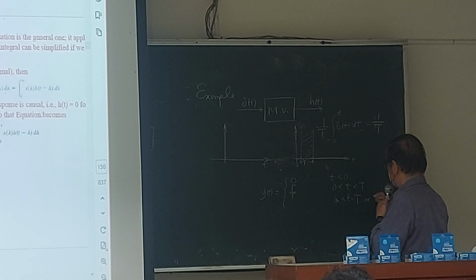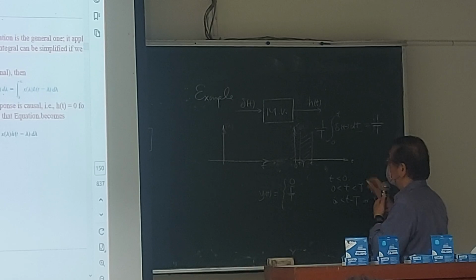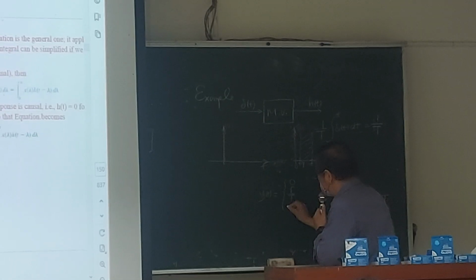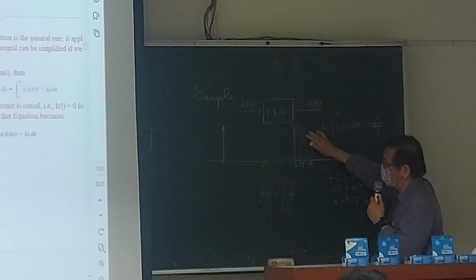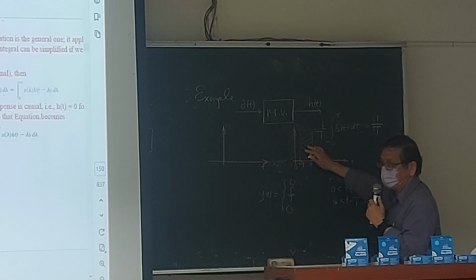Then the delta function is not inside the window, then the average is 0, because there is nothing here, no delta function inside the window. So the output is 0.